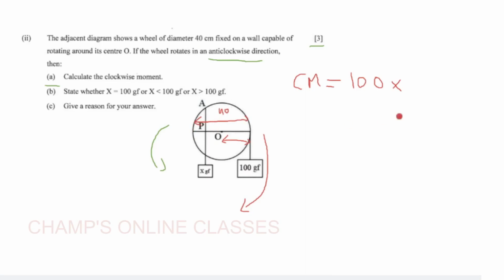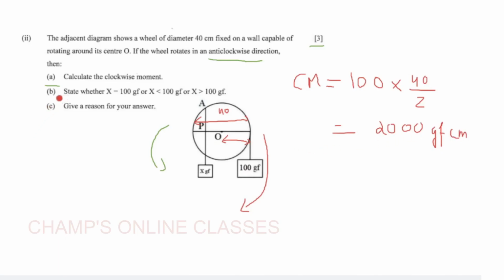Radius is half of diameter, so that is 40 by 2, that is 20. So 100 into 20 is 2000. So we have 2000 gram force centimeter. It's not Newton.